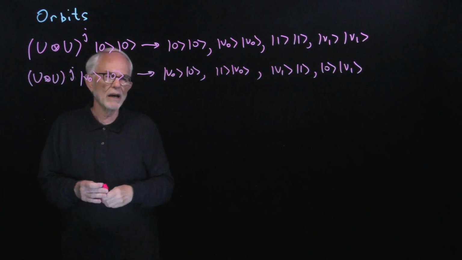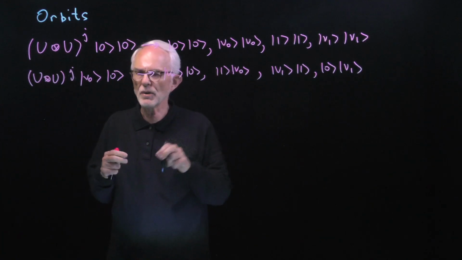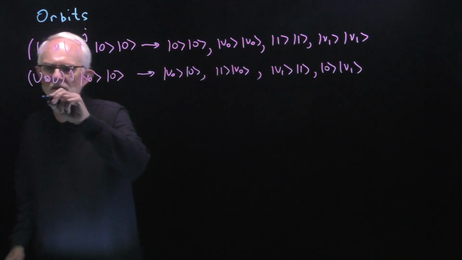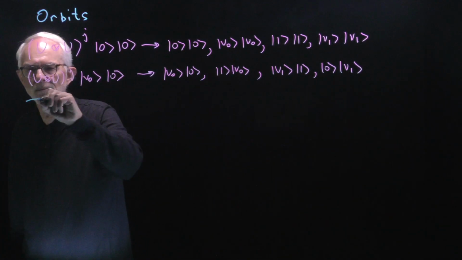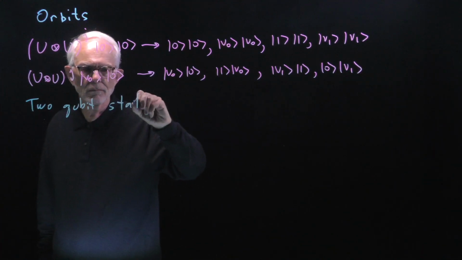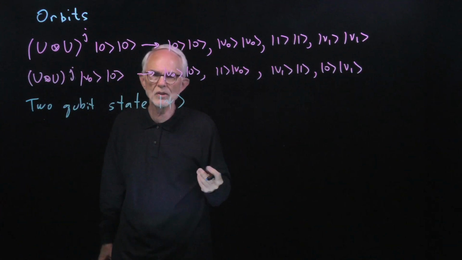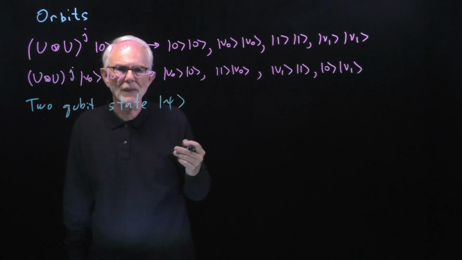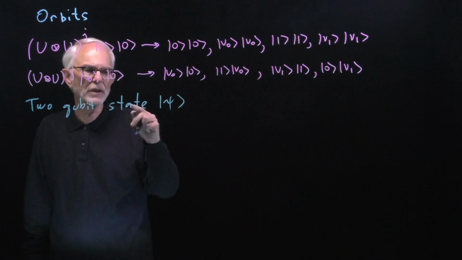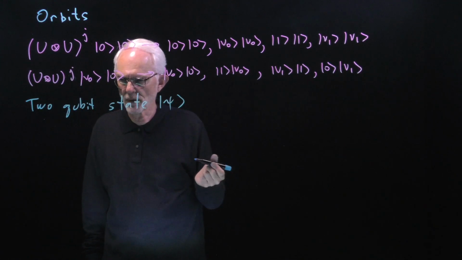Now, how do these things define probabilities? Suppose we're given a quantum state psi, a 2-qubit state. Suppose we want to know the probability that if I measure A0 and B0 in psi, I get 0 for both of them.